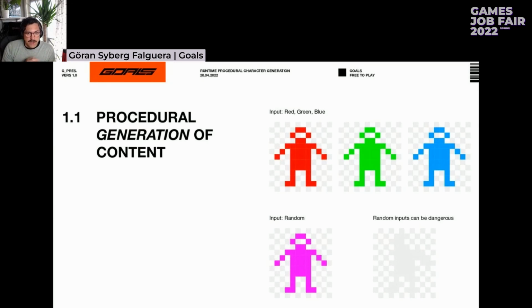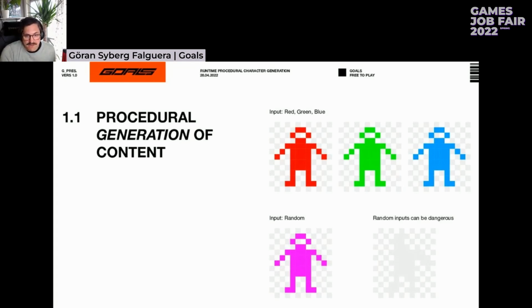Or we could just input random values for the pixel colors. That would yield a character that we might not have imagined. But that could also be dangerous, because if we get a gray character in this world, we can't see it. So completely random inputs need limiting for the max and min values, and usually a lot more testing, because it's less deterministic.